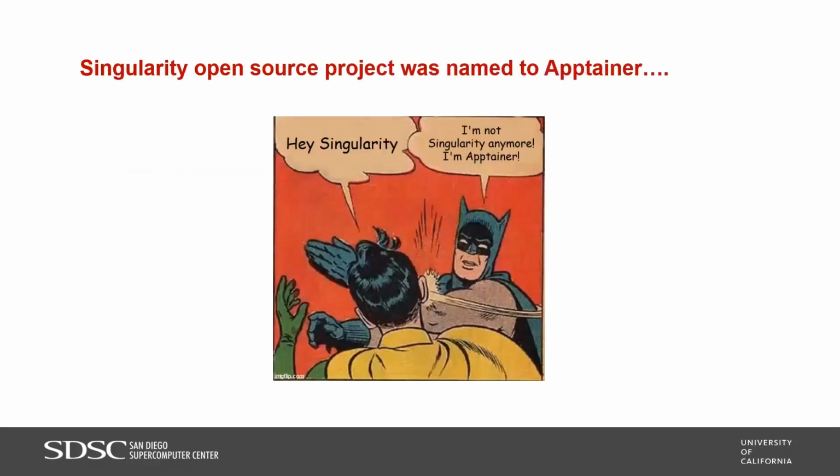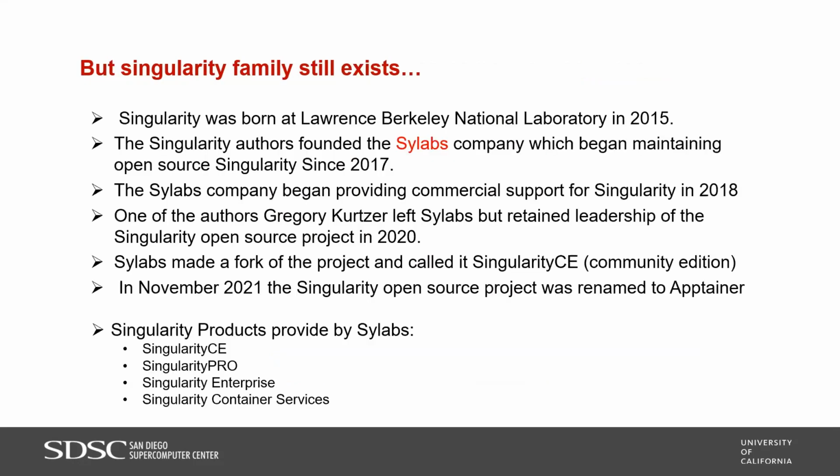Okay, last, I would like to mention something that some of you might have heard: the Singularity open source project was renamed to Apptainer. But we still call it Singularity because the Singularity family still exists.